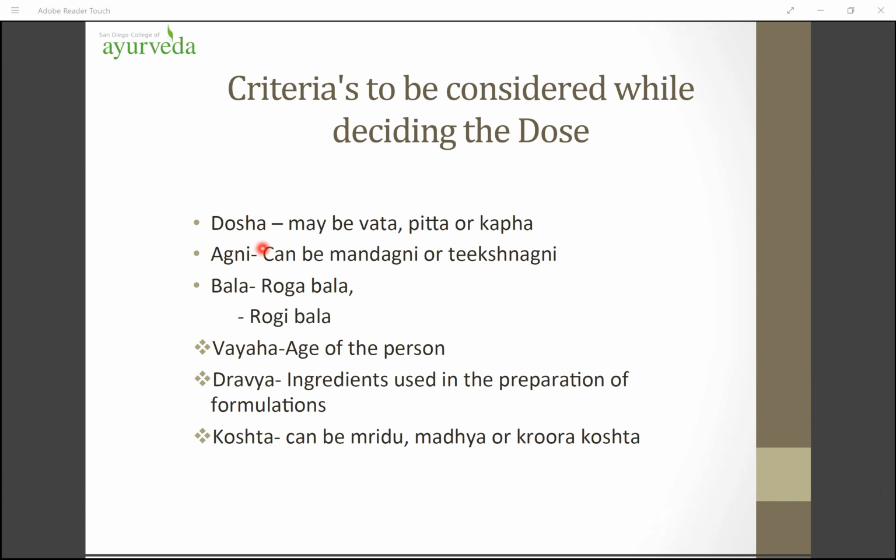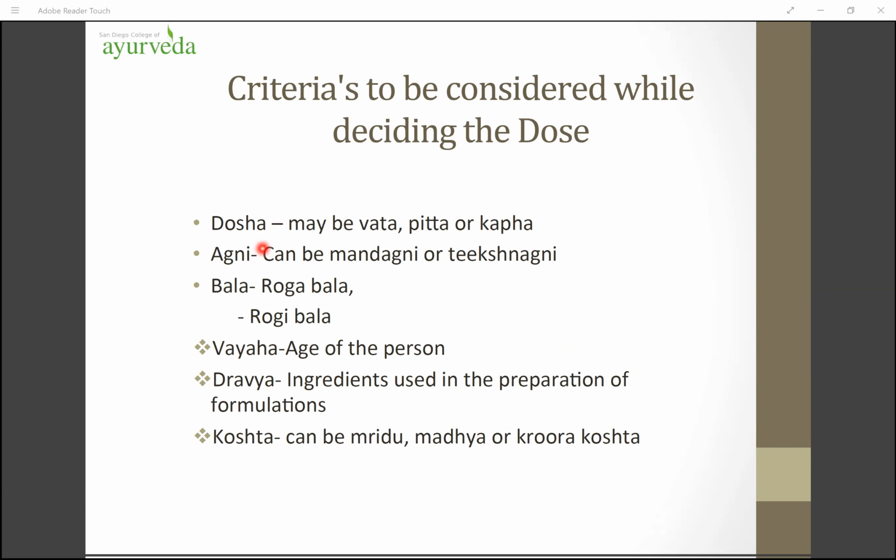So you have to consider that I am a vata person. You can't give me something that would increase my prakritika vata and make that a vikriti, make that a disease, right? At the same time, you need to give me something that will immediately attend to my amla pitta, so that my hyperacidity comes under control, right? So you have to consider both the prakritic dosha as well as the vikriti dosha.